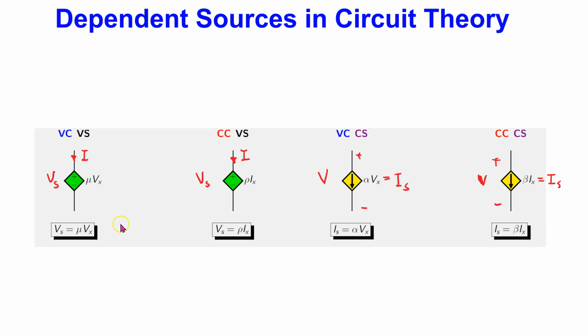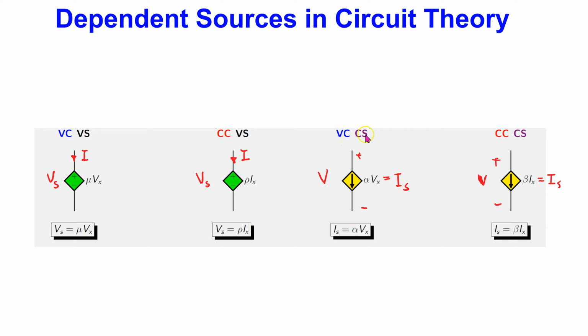Note that the ideal dependent voltage sources will maintain the prescribed voltage Vs regardless of the current flowing through their terminals. Thus, for the voltage controlled voltage source and the current controlled voltage source, the branch current I could be 0, but their prescribed voltage will still be Vs. Similarly, the ideal dependent current sources will maintain the prescribed current Is regardless of the voltage drop across them.